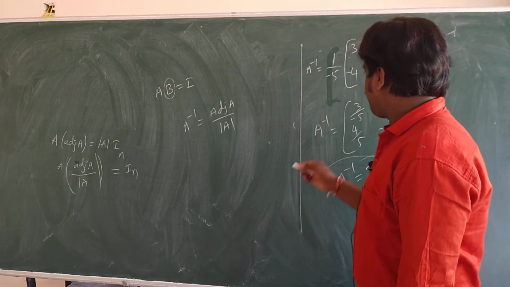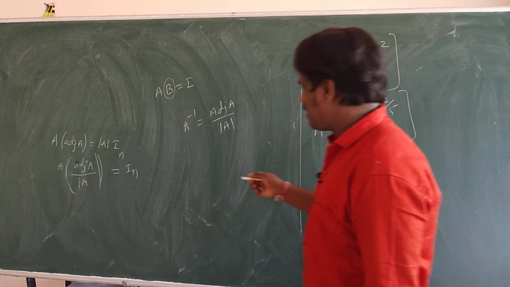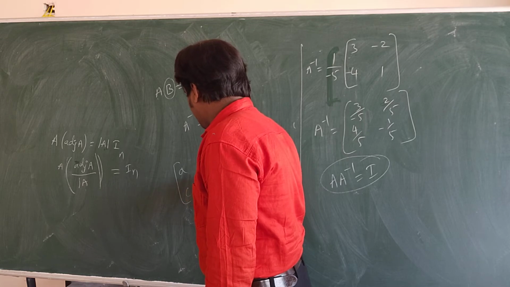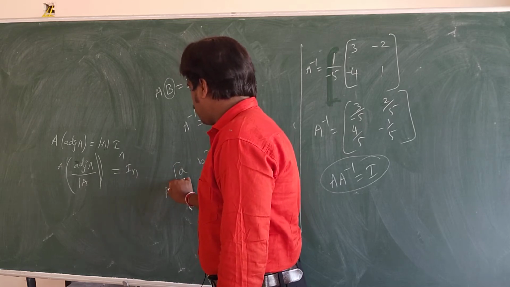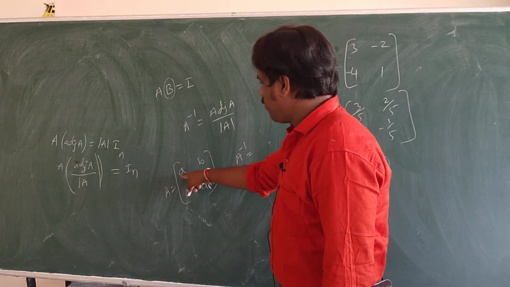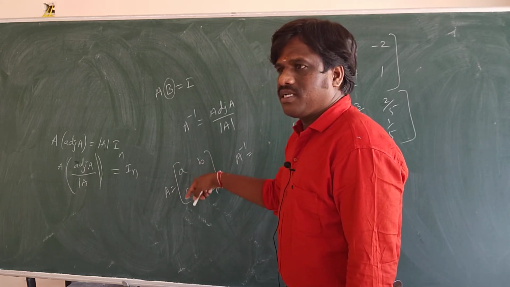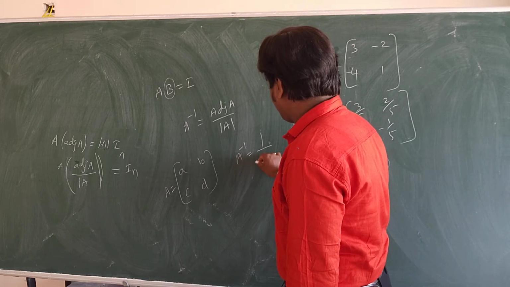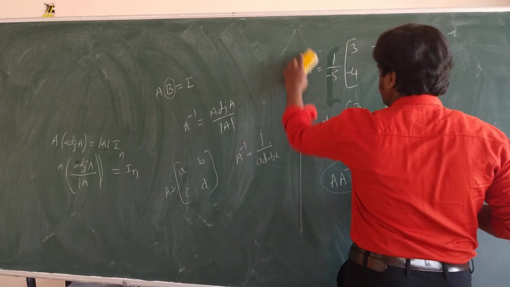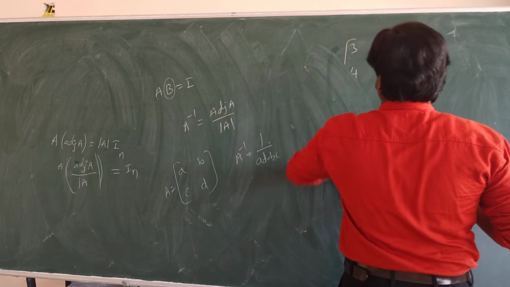Okay, fine. You may ask me why I wrote that formula directly. Why, if A, B, C, D is a 2 by 2 matrix, did I get directly this formula? That is nothing but determinant of A, which is AD minus BC, and I am dividing 1 by AD minus BC. Then I am writing the matrix.